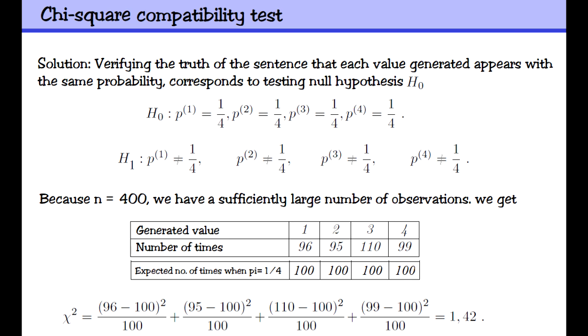It is equal to 96 minus 100, so we subtract the expected number of observations from the observed number, squared, divided by 100, the expected value. And the same for the next, 95 minus 100 squared over 100, and so on until the fourth. And we obtain the value of 1.42.